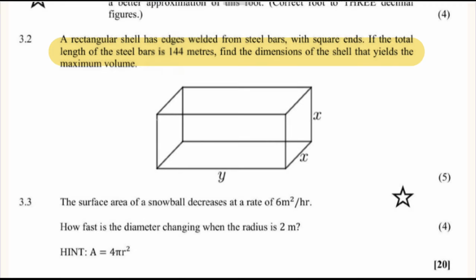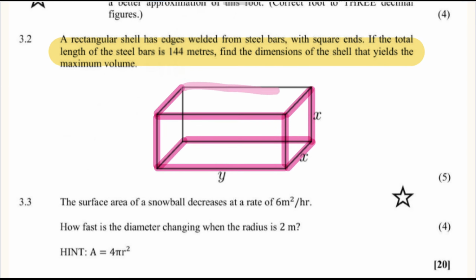All these edges are made from the 144 meters of steel bars. So when we count the length of all the edges, it should give us 144. So the 144 is like our perimeter. Friends, from here, let's check how many Y's we have. We have Y length number 1, 2, 3, and 4.